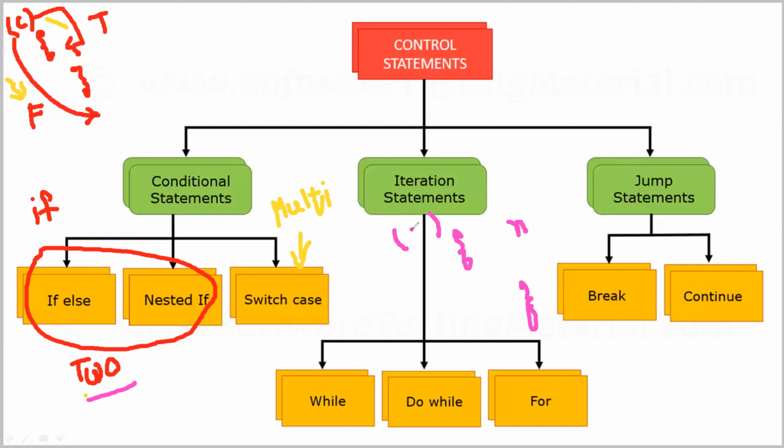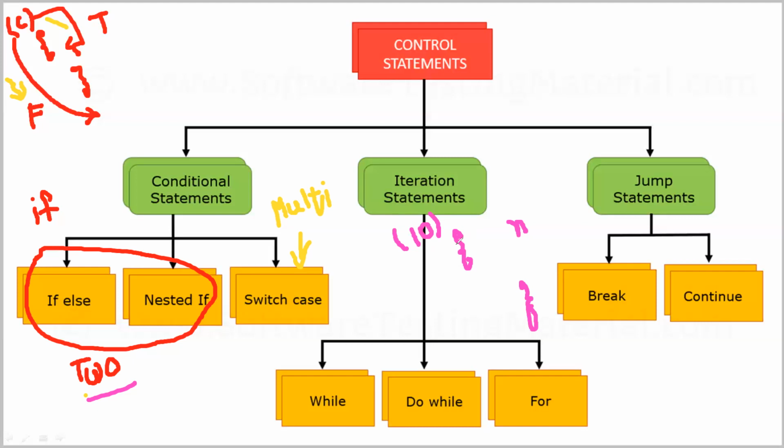For example, I want to execute this for 10 times. I will have a condition in such a way that this block will be executed for 10 times. So here we execute the same code again and again, depending upon our need. So the execution of the same code again and again is called iteration.